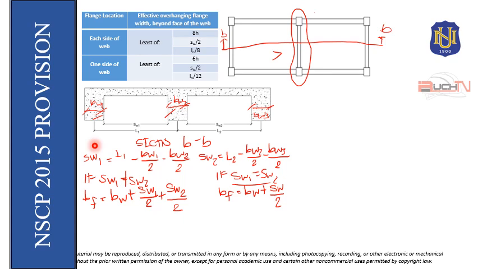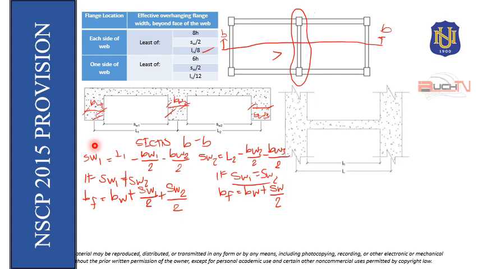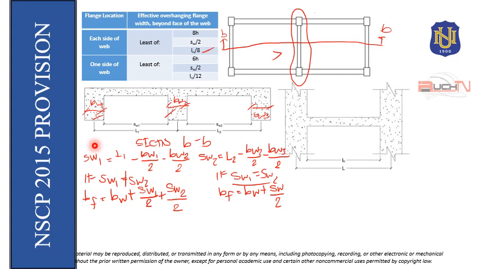So, next to be interpreted is what is LN. So, yung LN natin, para kasi nating kinuha yung span nung mismong beam na ina-analyze natin. So, kung dito, ina-analyze natin tong beam na to, para natin siyang titignan dito sa side na to.